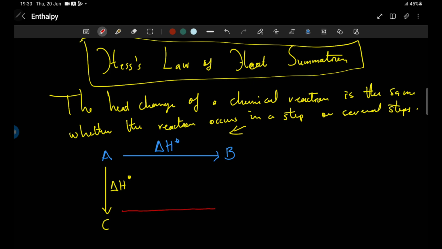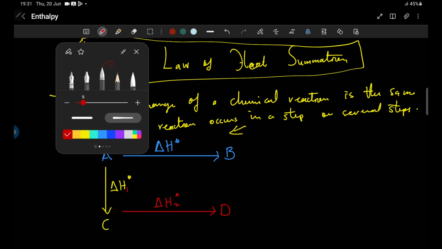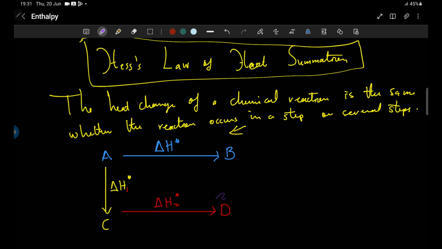Let's say we have another pathway. So this is 1. This is another pathway to D. And then you've got the last pathway, B to D. That's H3.